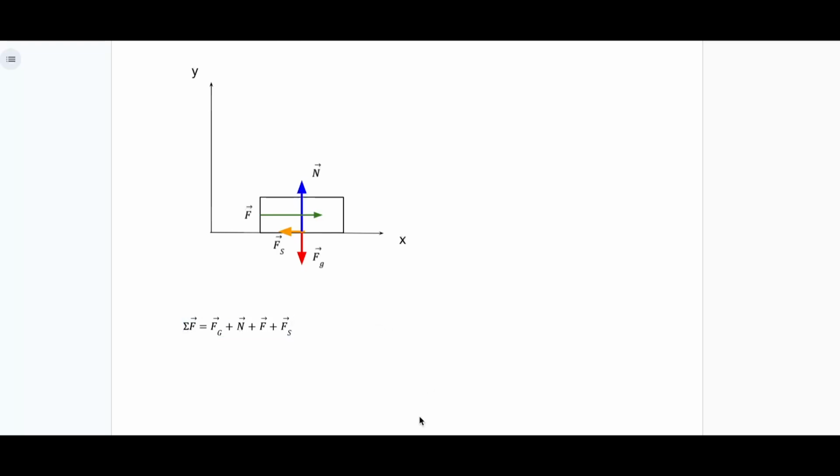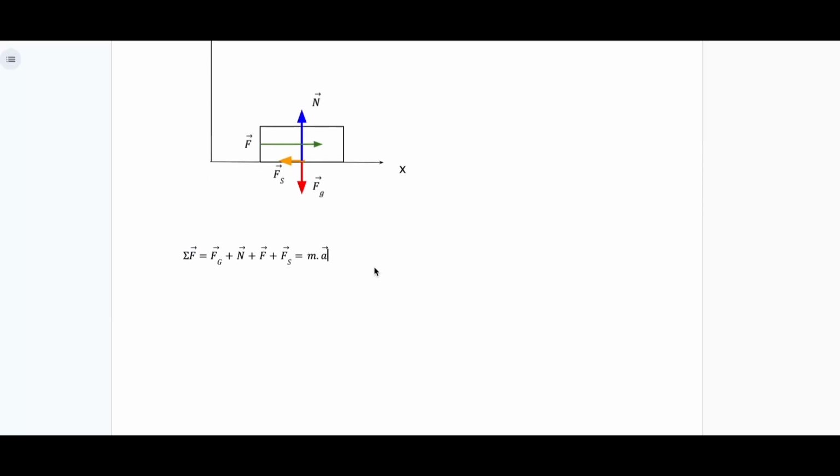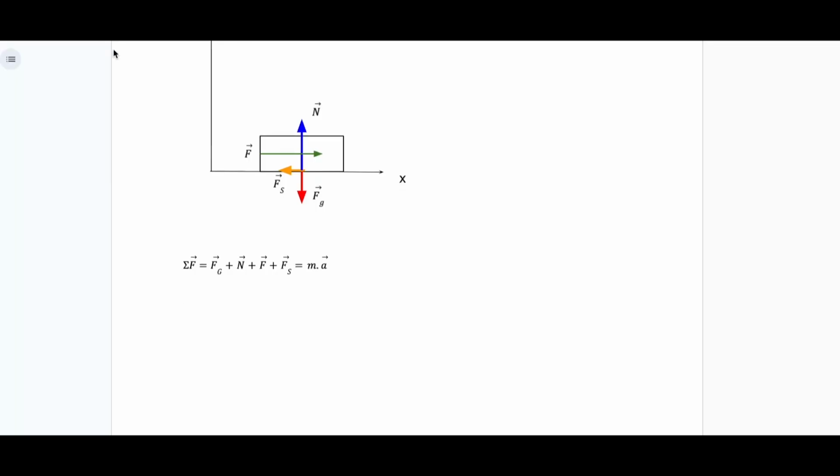And if we apply Newton's second law, we know that the sum of all the forces is equal to the mass of the object times its acceleration. So with this vectorial equation, we'll be able to calculate the acceleration of the box.